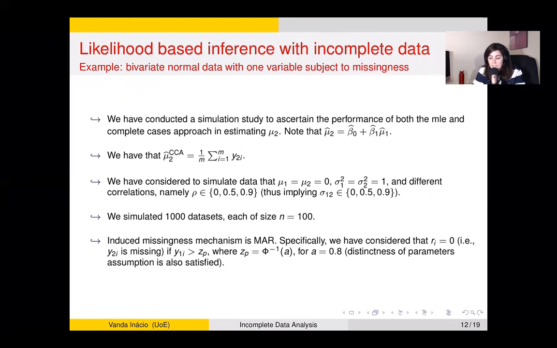Okay, now let's do a small simulation study, and let's assume that the parameter that I'm interested in estimating is mu2.